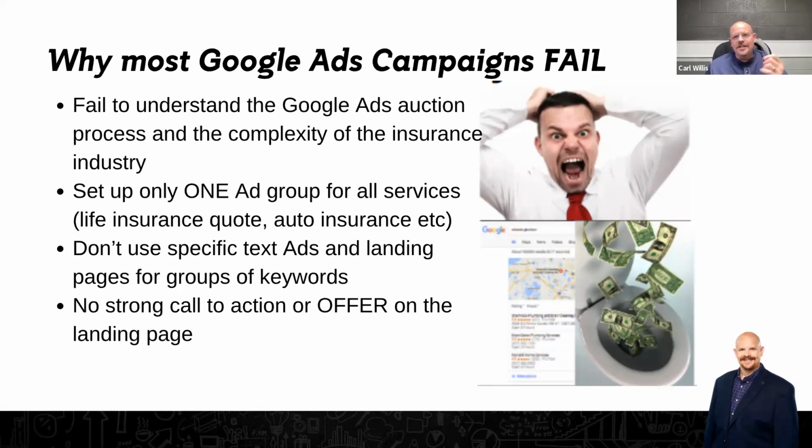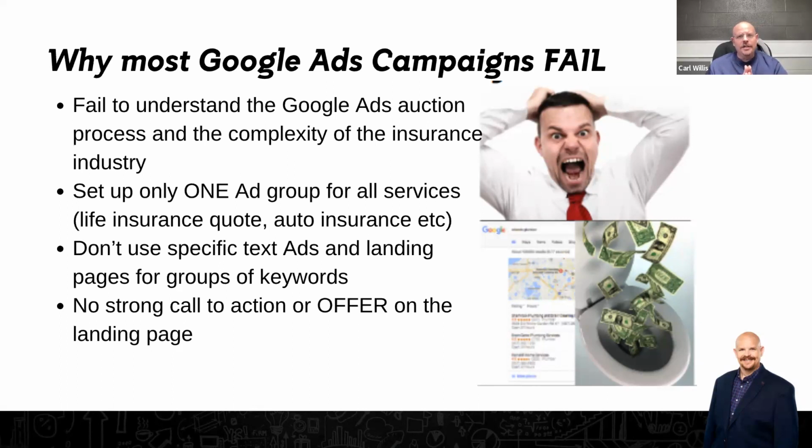Number one, they simply fail to understand the Google Ads auction process and the complexity of the insurance industry. And so what I mean by that is oftentimes a business owner thinks they can put just some keywords out there, some basic keywords, life insurance, car insurance, health insurance, home insurance, put a bid, put a budget on it, set their geography, and flip the switch, and off it goes.